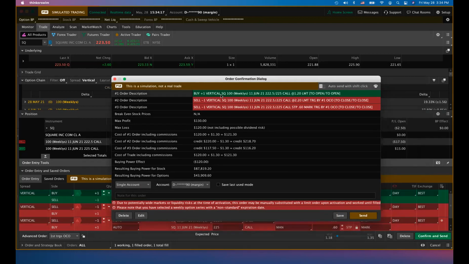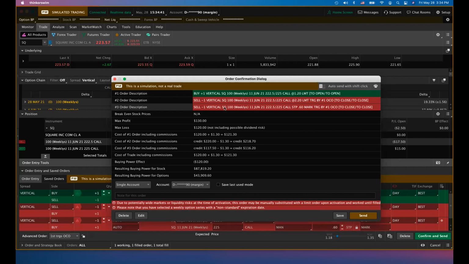So we're buying one vertical spread at $1.20. This is a debit spread, meaning we're paying to get into it. That's why it says buy. And then our order number 2 is our take profit order, which is going to be triggered by the number 1 order. And it says that we are going to sell at $2.20 once it reaches that value.